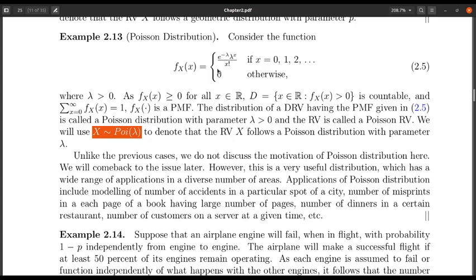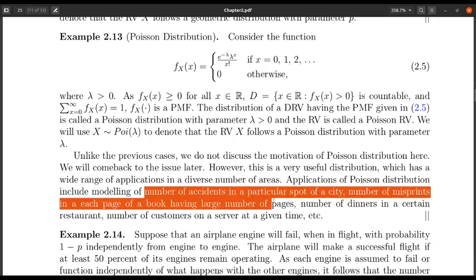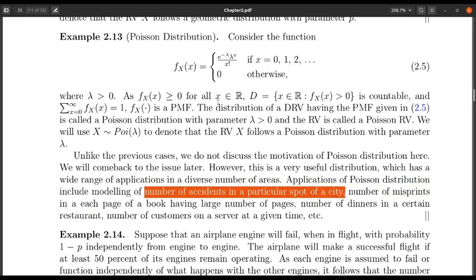For example, if I try to model the number of accidents at a particular spot in a city, I can use the Poisson distribution, because a large number of cars are moving and I count how many of them have accidents.